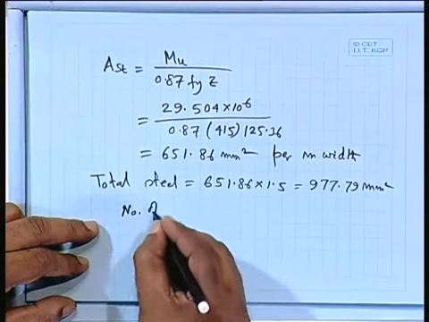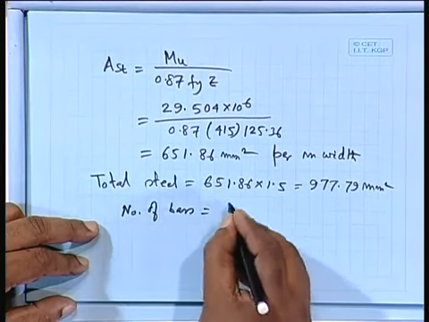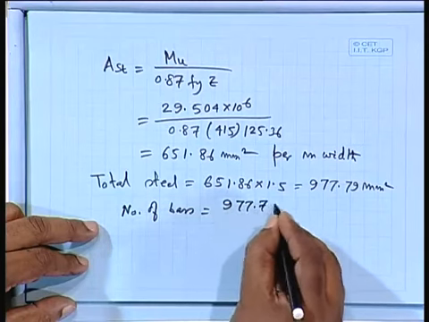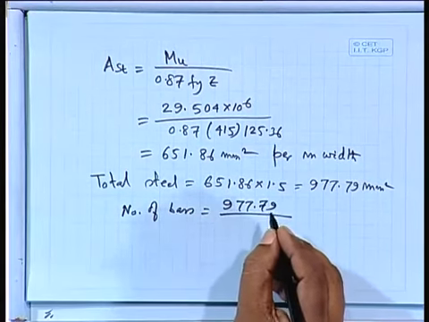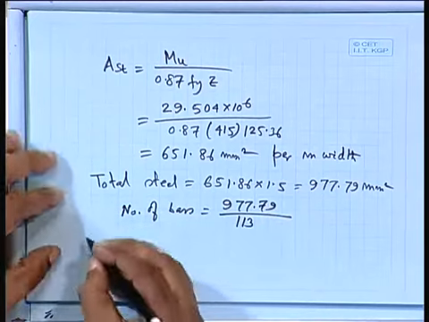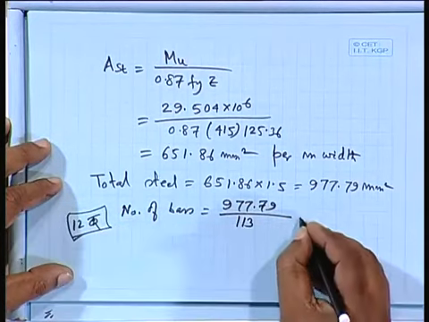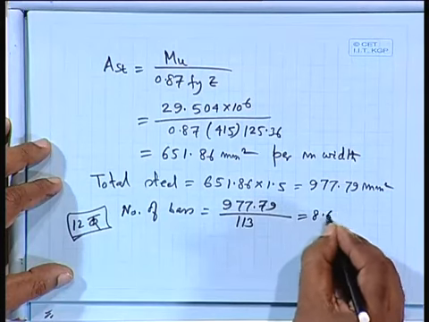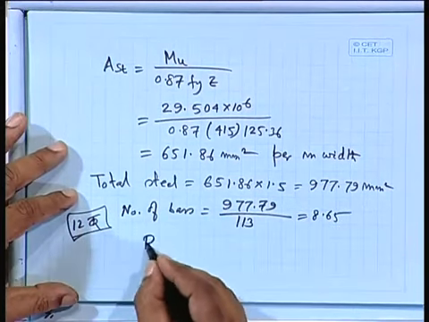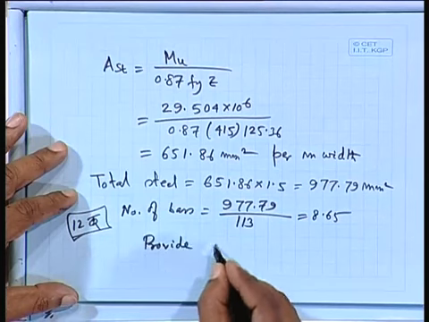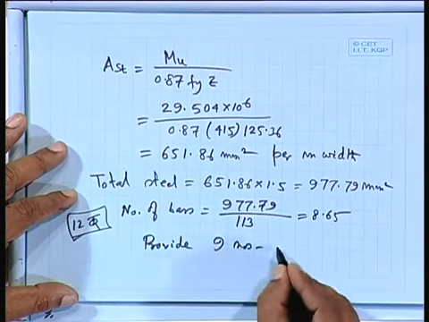So we can provide the number of bars: 977.79 divided by 113 for 12 torr equals 8.65. So provide 9 numbers 12 torr.